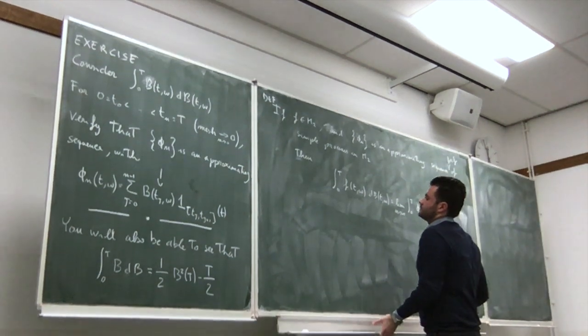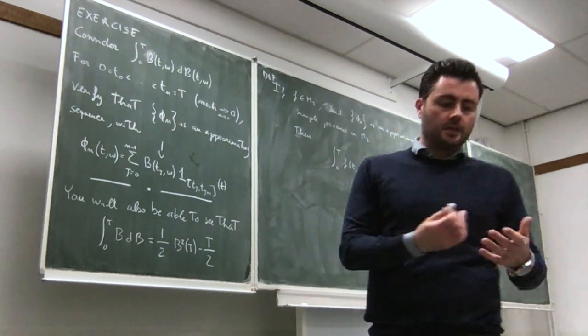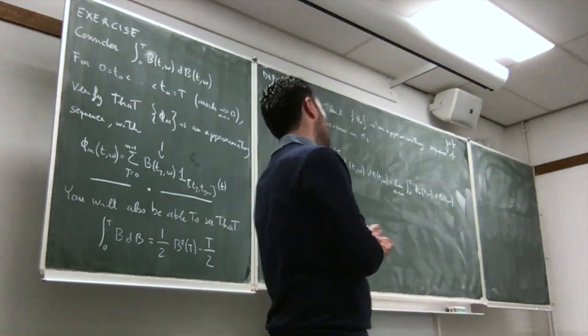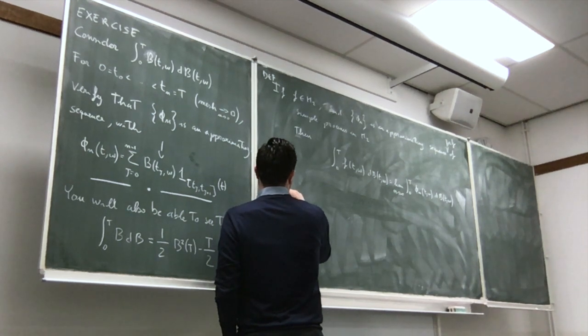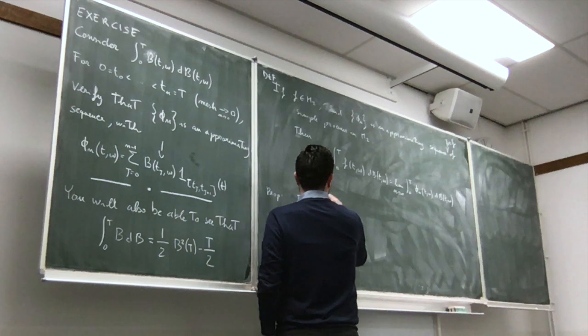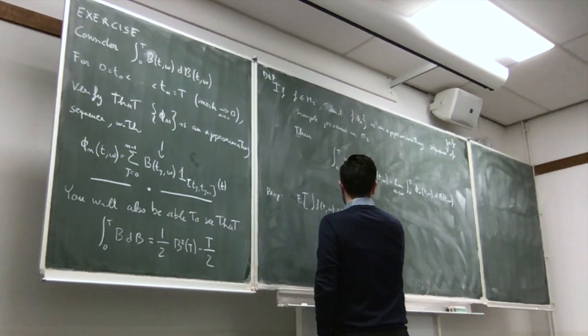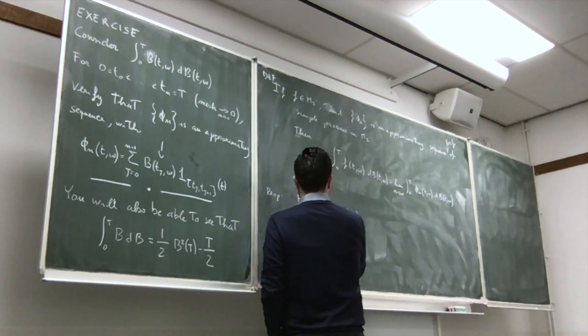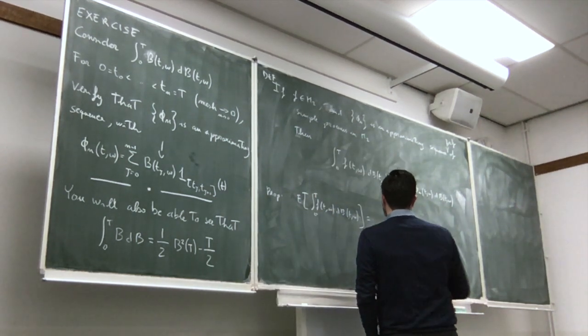Now, from this definition, we can immediately inherit a lot of nice results. For example, proposition: the expectation of the integral of f_t(omega) dB_t(omega), guess what?